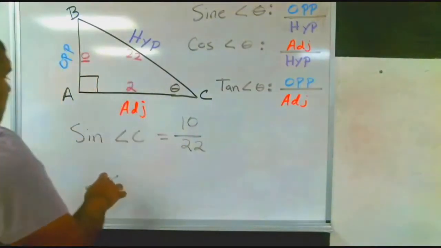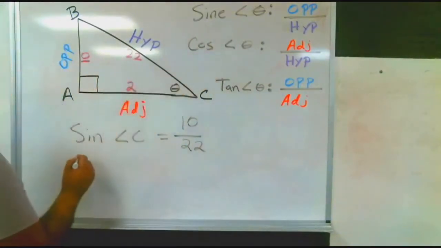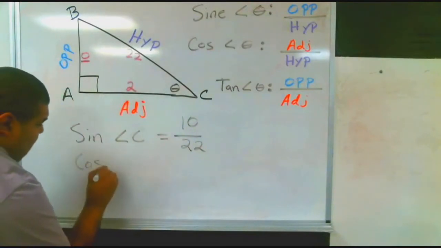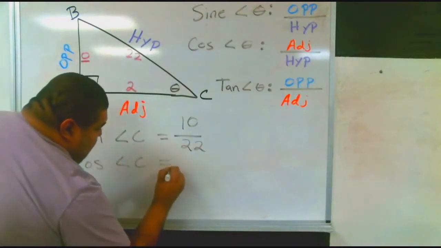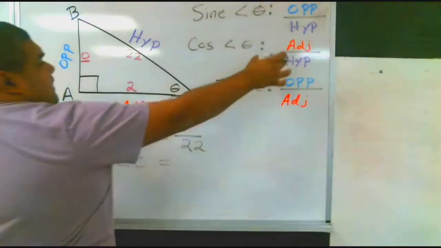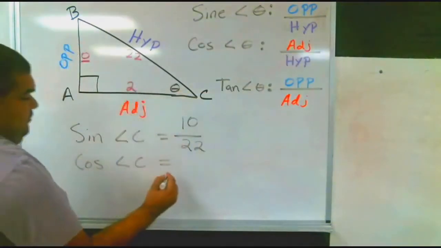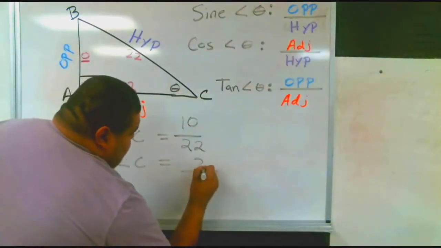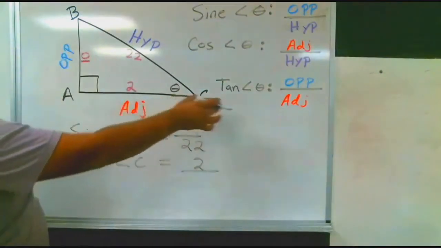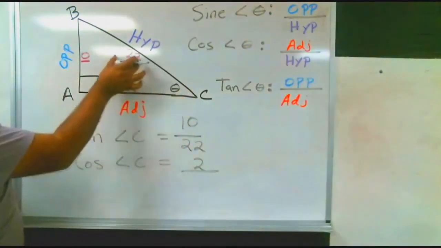If you wanted to find cosine, we would say cosine of angle C equals adjacent, which is 2, over our hypotenuse, which is 22.